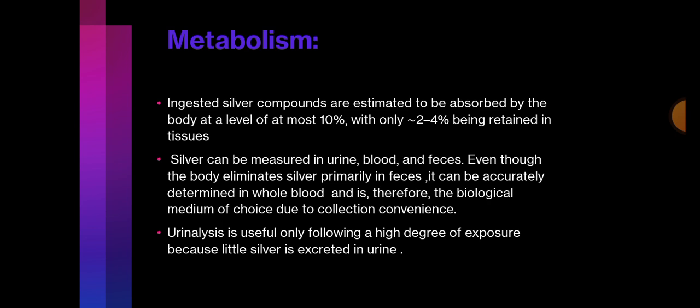It can be accurately determined in whole blood and is therefore the biological medium of choice due to collection convenience. Urinary analysis is useful only following a high degree of exposure because little silver is excreted in urine.